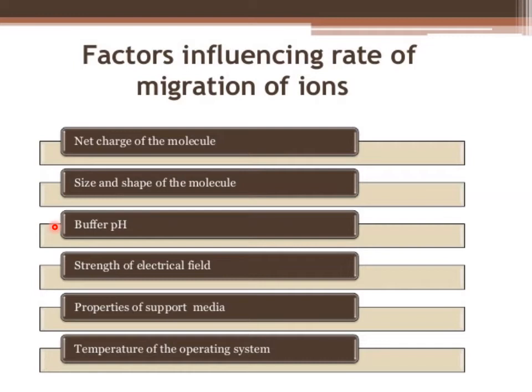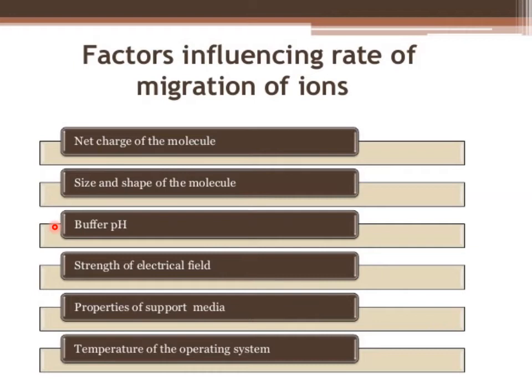Not only pH of the buffer, but also buffer concentration affects the rate of migration. If the buffer concentration is more, then there are more ions present in that buffer. More ions means greater electrical conductivity.